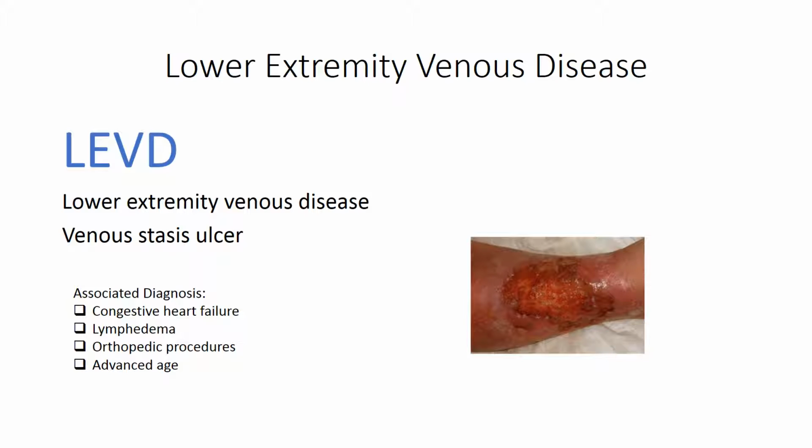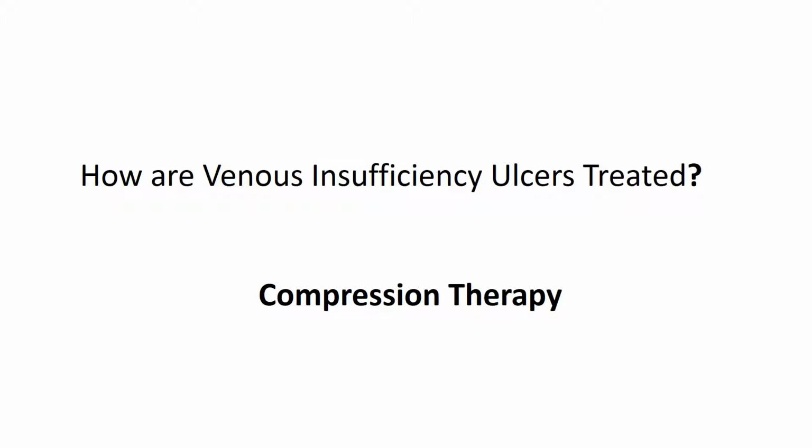They end up with the venous stasis ulcer or the venous dermatitis, and the treatment for venous insufficiency ulcers is compression therapy. And today we'll talk more about complications related to compression therapy and the need for thorough assessment.